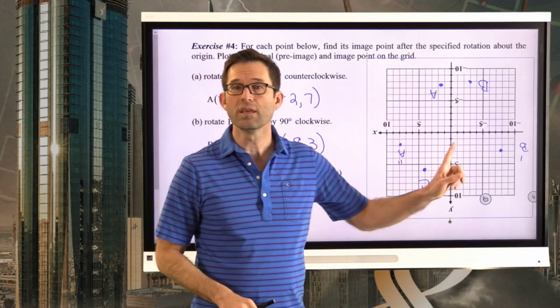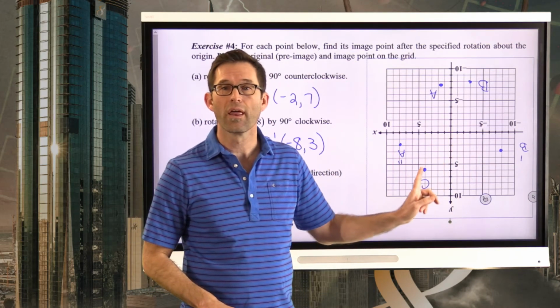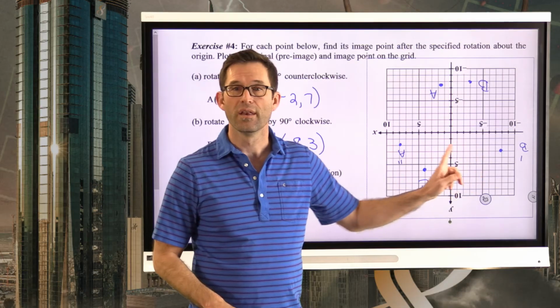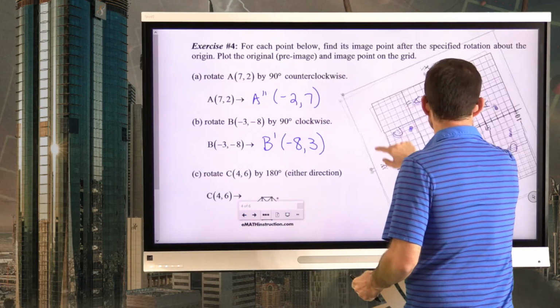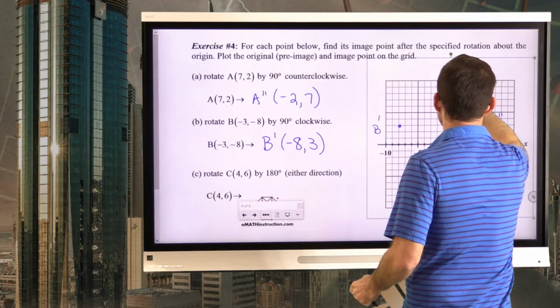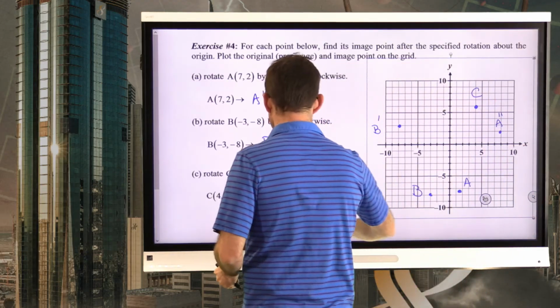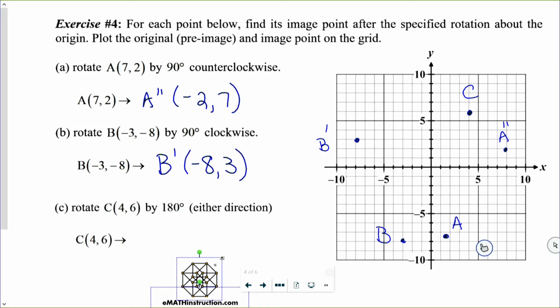And my new C is at -4, -6. Now, hopefully, unlike the last time, I'm going to bring this back up. And I find C prime is at -4, -6.